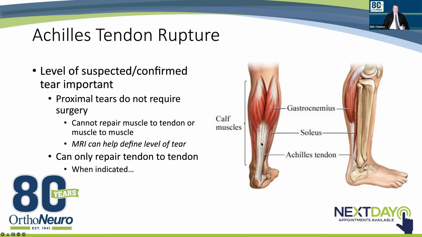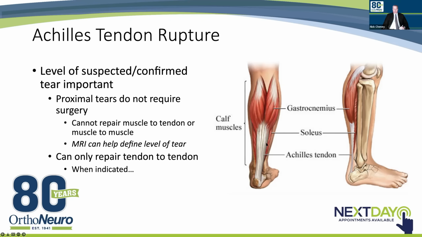That's a little bit more questionable for repair. Tears in the gastroc up here, the reason is you can't really sew muscle back to tendon very well. And so really the only place that we would repair these is down here at the tendinous zone where the watershed region is found. Obviously, everybody knows what the watershed region is, where the blood supply is less than optimal and then tendon healing is a little less than predictable there.